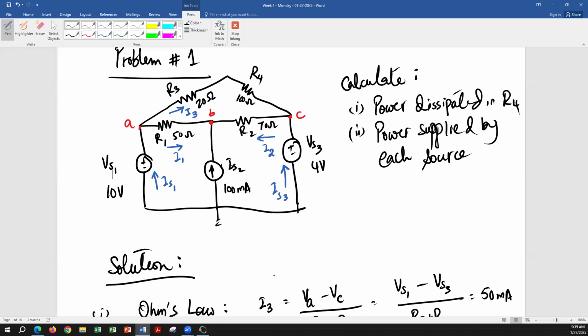I2 minus I3. So why is it so hard to apply KCL at node C? Two currents are going towards node C. What are those two currents? IS3 plus I3 equals the current that is going away from the node. What is that current? I2. So why is it that hard? Current going towards the node is equal to current going away from the node.